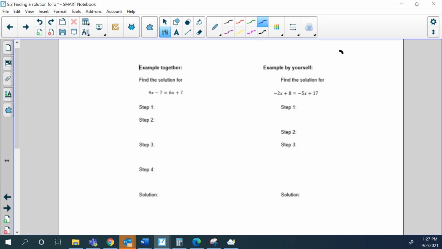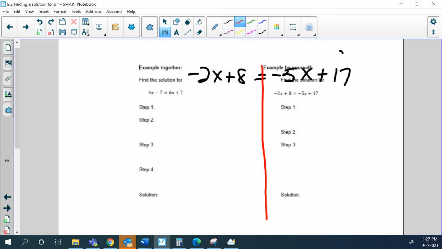Okay, let's see. So we're gonna have negative 2x plus 8, and that's equal to negative 5x plus 17. All right. Okay, draw my railroad track. Now I want to move this over to the left side. It's in the wrong place. So here, if you notice, this is a negative 5x.